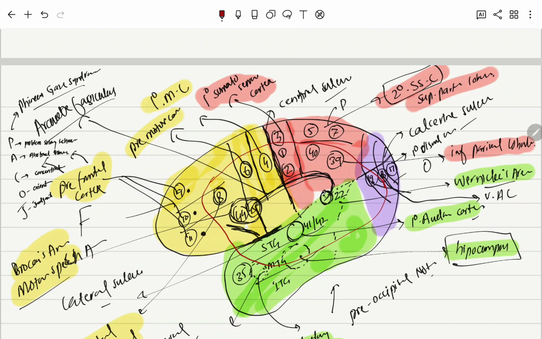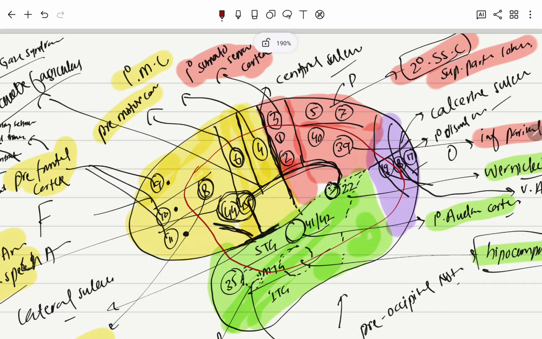We know that the middle cerebral artery arises from here, this is the lateral sulcus, right? And then we'll have the superior division and inferior division, and the further branches of that are going to supply. So when there is an embolus, or a blockage of the superior division, we'll have a stroke.